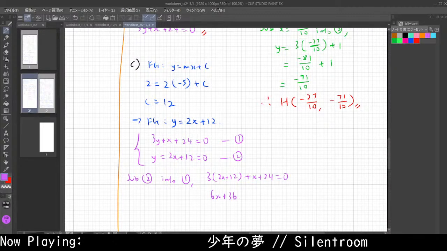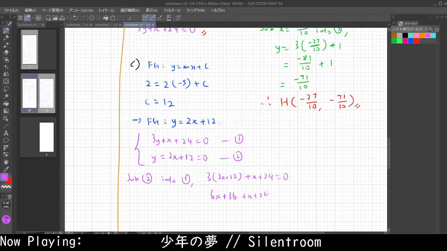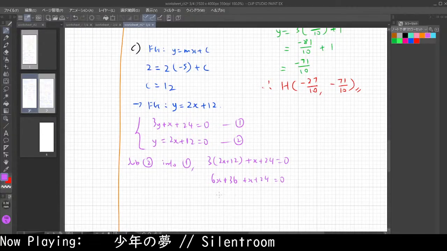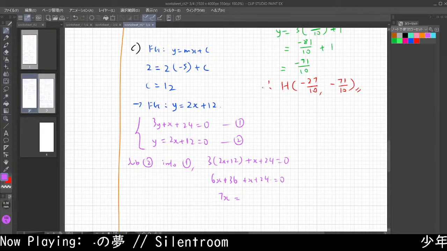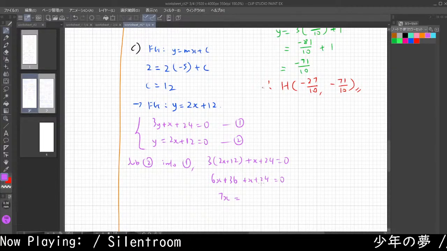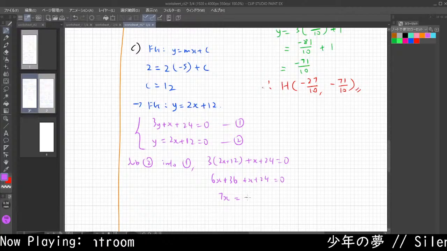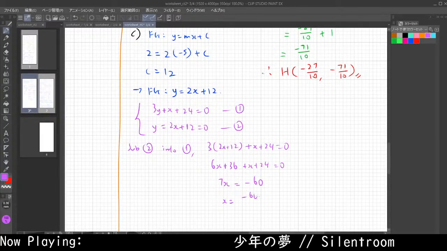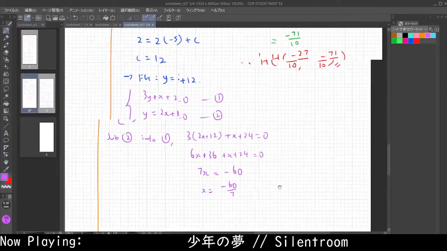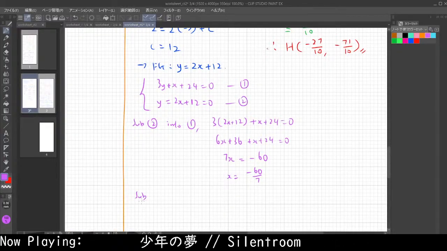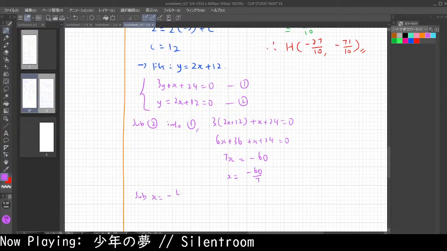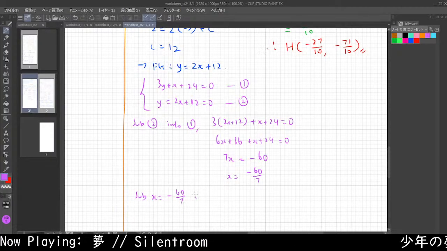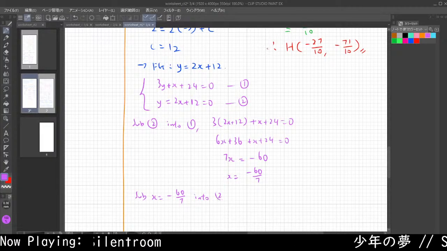Multiply inside. Okay, 6 plus 1, this is 7x, equals negative 60, therefore x equals negative 60 over 7.